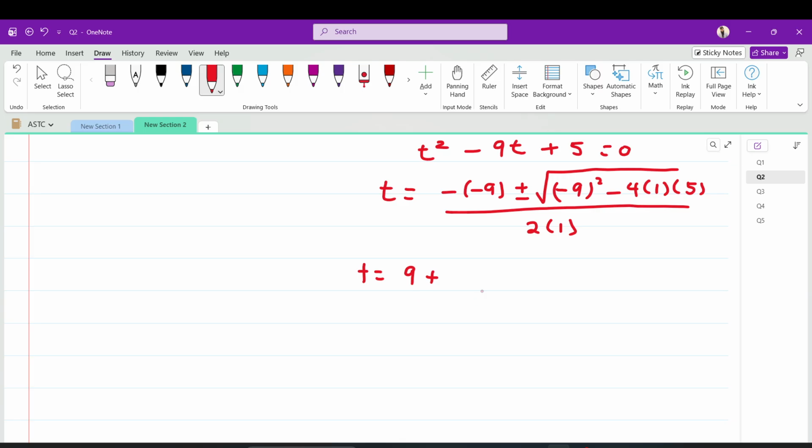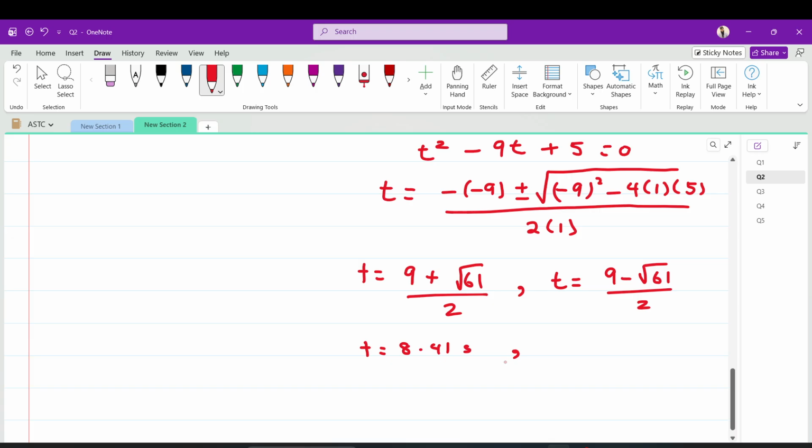So that will be root 61 over 2, and the second value will be 9 minus root 61 upon 2. Okay, so 9 plus root 61 upon 2, that will give us 8.41 seconds, and when I work out the other value, that will be 0.595 seconds.